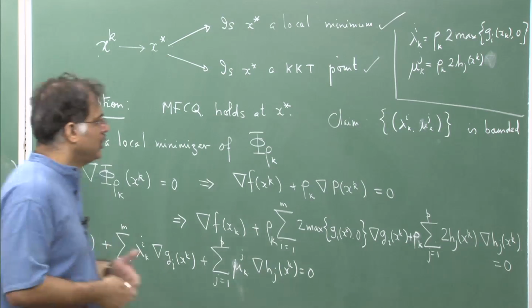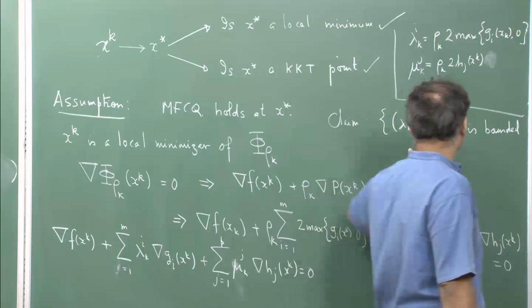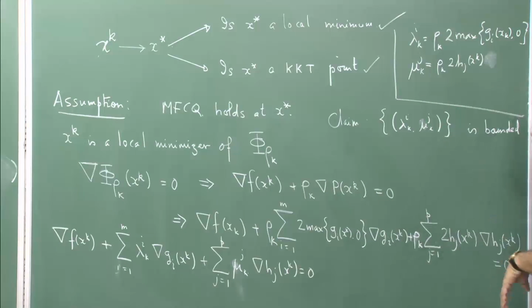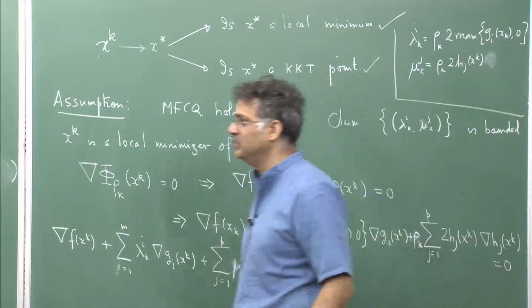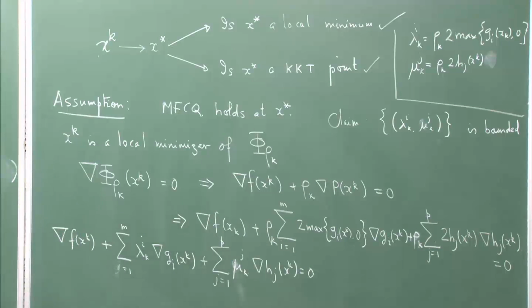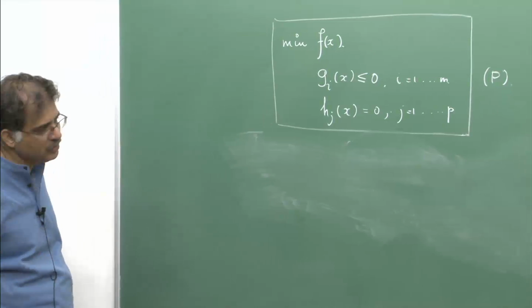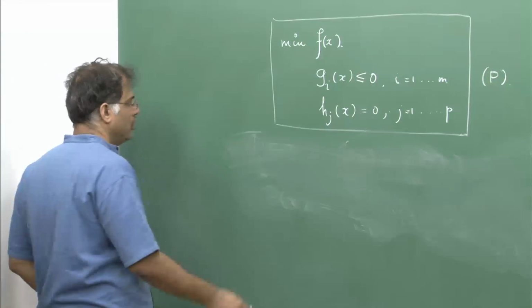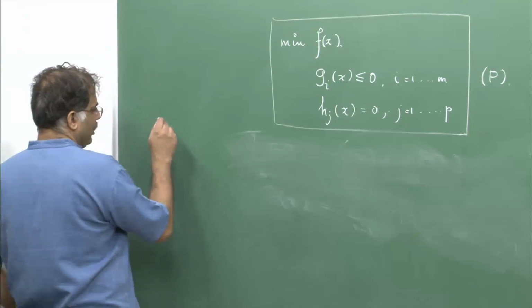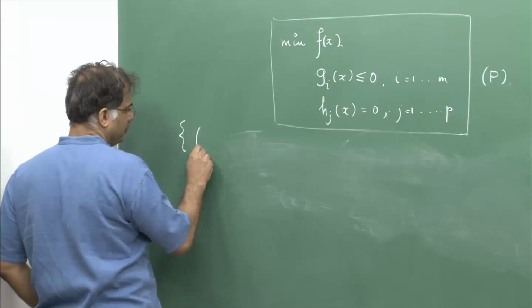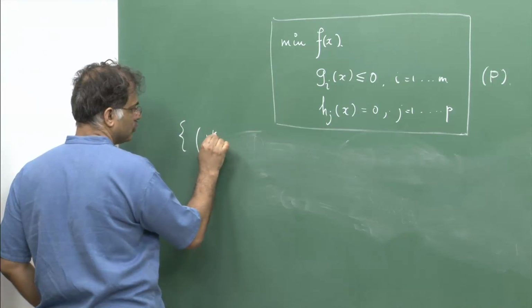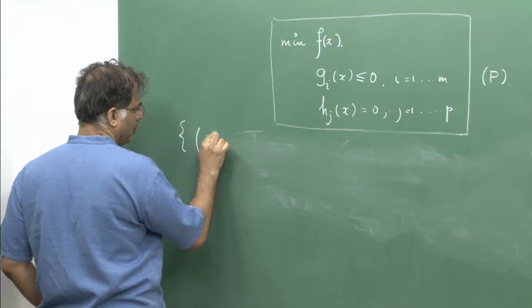I am assuming something which is contradictory to what I should do, and then I try to resolve the matter by coming to some absurd conclusion. Hence my assumption would be wrong, and whatever I have claimed has to be true. So, let me assume that this is unbounded. Sorry, lambda k.